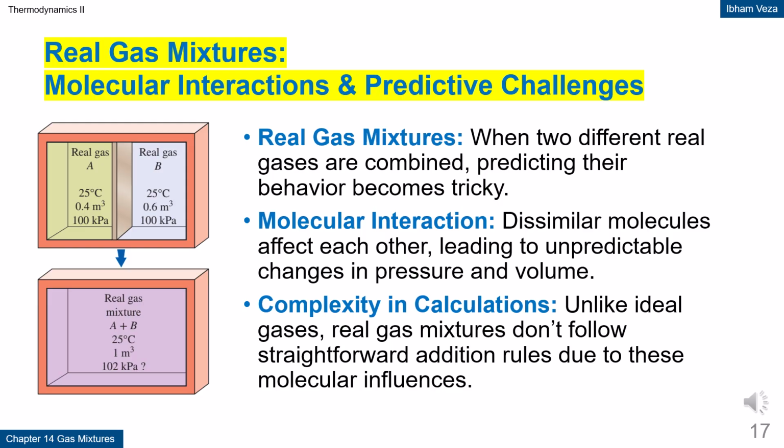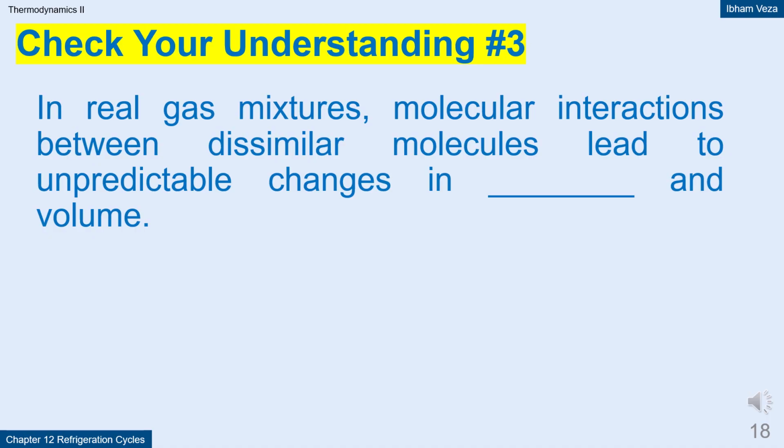This makes the calculation of real gas mixture properties more challenging. Therefore, special approaches such as compressibility factors or the pseudo-pure method are required. In real gas mixtures, molecular interactions between dissimilar molecules lead to unpredictable changes in pressure and volume.